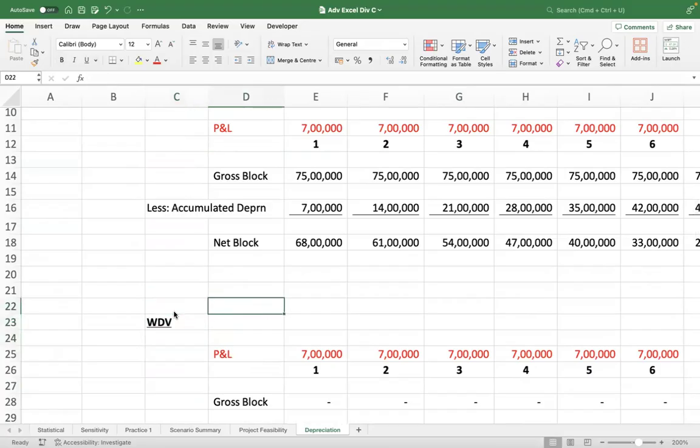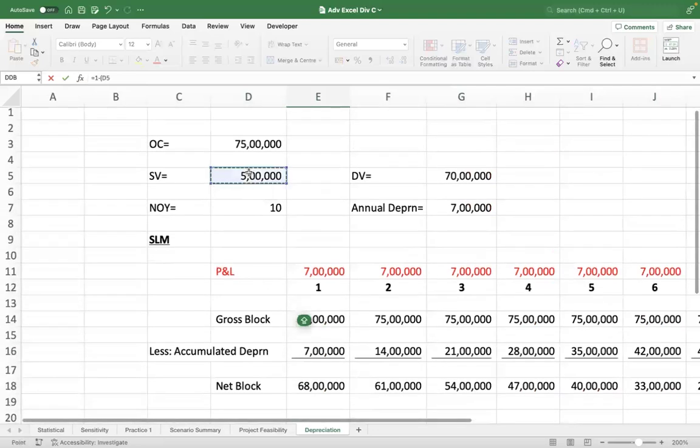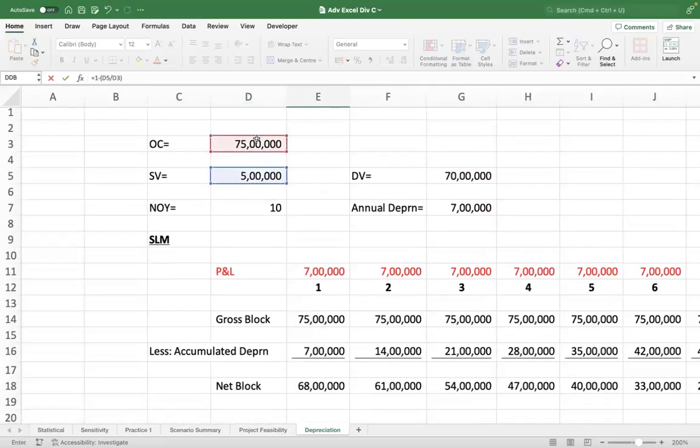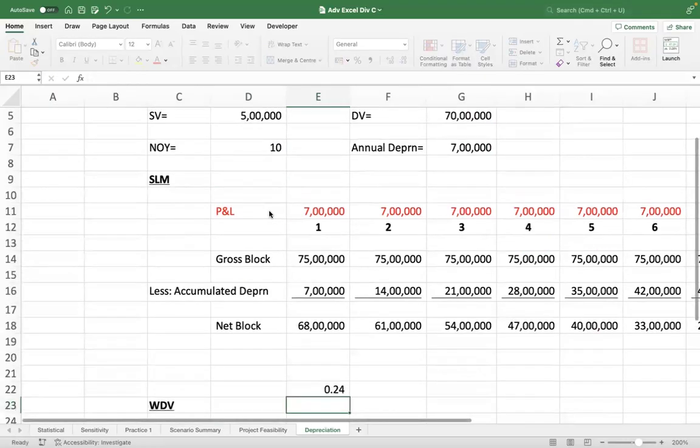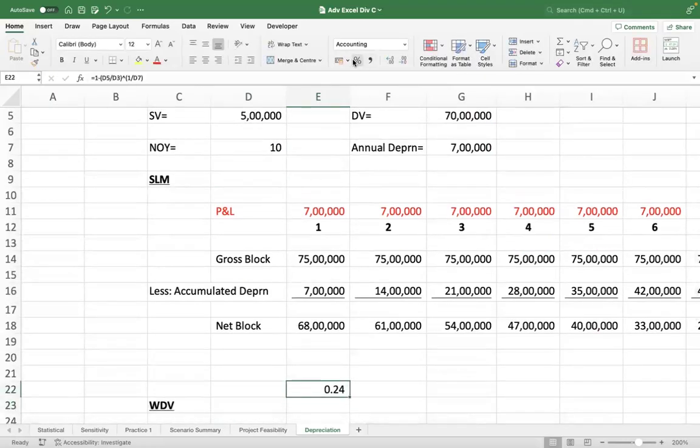The change is first we have to get the rate of depreciation, which is 1 minus salvage value of 5 lakhs divided by original cost of 75 lakhs, to the power of 1 by useful life. Okay, so this is your rate of depreciation, which comes to 23.72%. Did all of you get the same rate of depreciation? 23.72%. Very good.